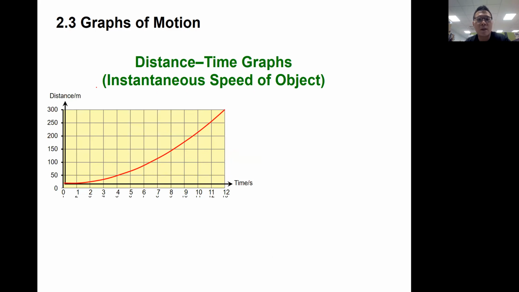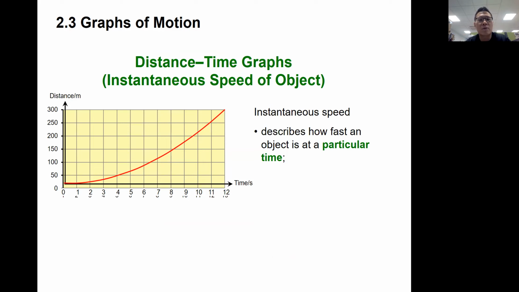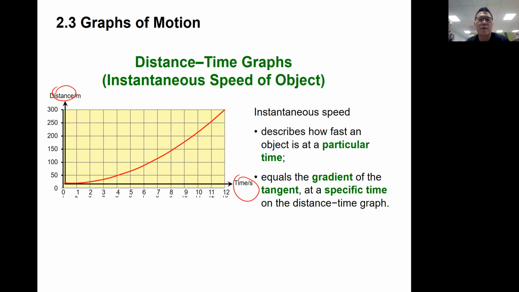Now for distance time graph, gradient wise, if it's a curve, I'm looking at tangent, or what I call instantaneous speed. When the distance time graph is a curve, specifically when we're looking at gradient, I'm looking at tangent.